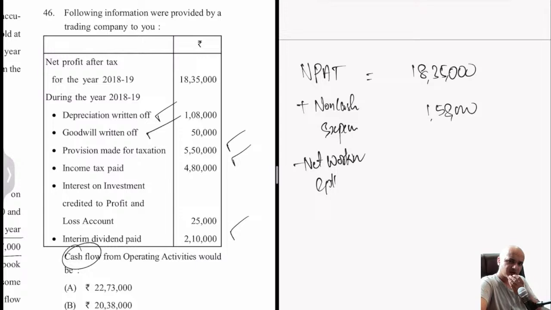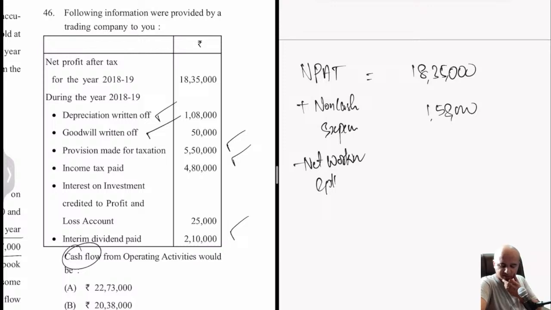Then we have to worry about the working capital changes. That's the only thing pending now. What are those things which change the working capital? We have provision for taxation. What else do we have which we are not considering?